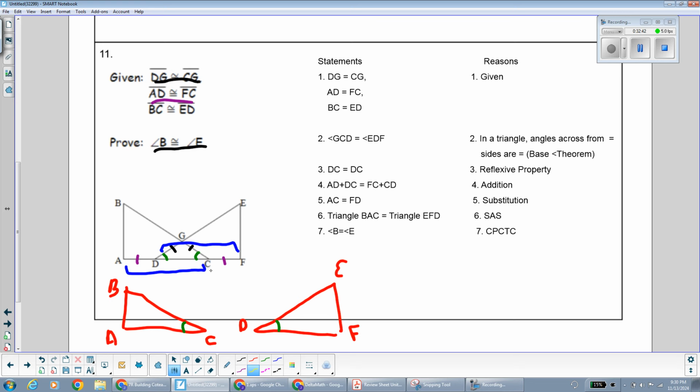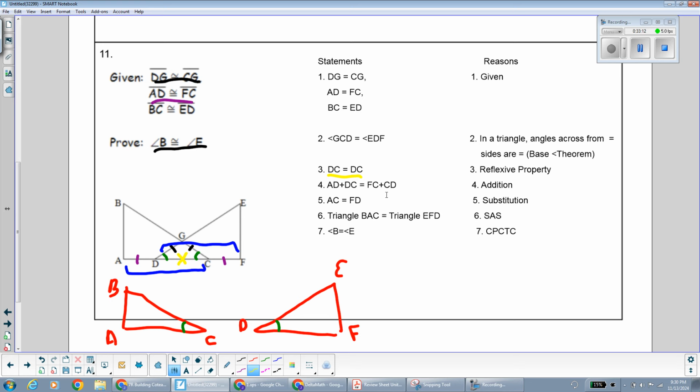To AD, we're going to add DC to make AC. And to FC, we're going to add CD to make FD. So notice how to AD and FC, we were adding the same segment. So in order to add, we need to start with congruent and be adding on congruent. So in our proof, we do need to say that DC, the segment that we're adding on to AD and also to CF, is congruent to itself by the reflexive property.